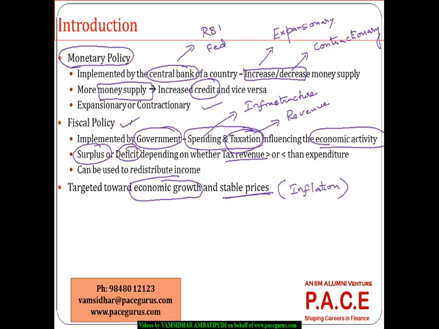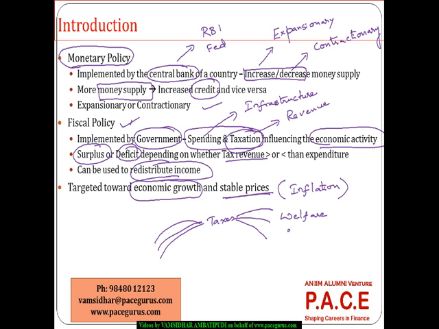And the objective of the fiscal policy also lies in redistributing the income. Meaning, collect from the rich people in the form of taxes and pass on the benefits to the poor in terms of welfare schemes.